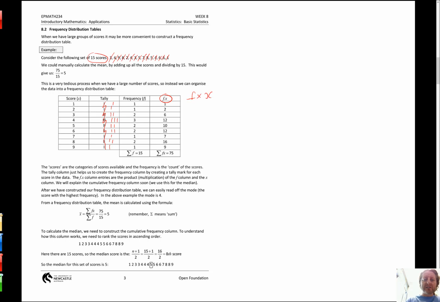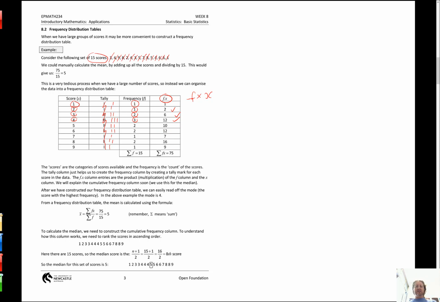It means F times x. It means get your frequency column and times by your x column, which we just said was a score. So that's why the first Fx is 1 by 1. Then we've got 1 by 2 is 2. Then 2 by 3 is 6. 3 by 4 is 12, and so on. I've just made that column by saying, what's F times X?